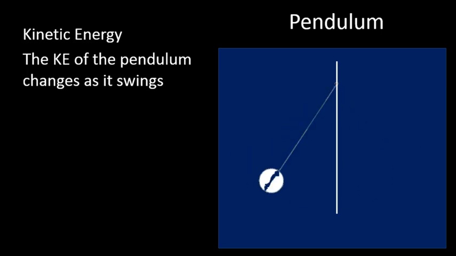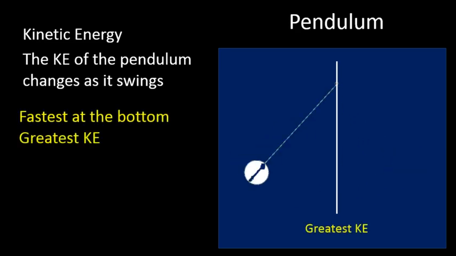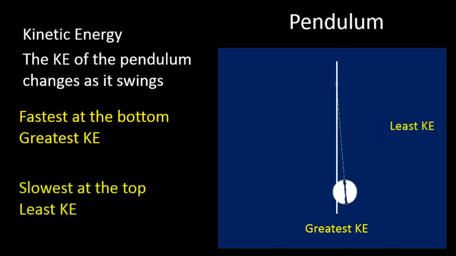But then at the bottom of the swing, that's when it's going to be the fastest. So fastest at the bottom, right? And it's going to have the greatest kinetic energy. And then at the top, when it's switching directions, that's where it's going to have the least amount of kinetic energy, because in order for it to change directions, it has to go to a zero velocity.